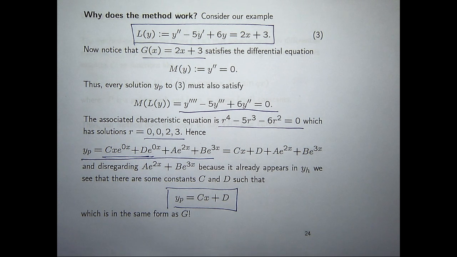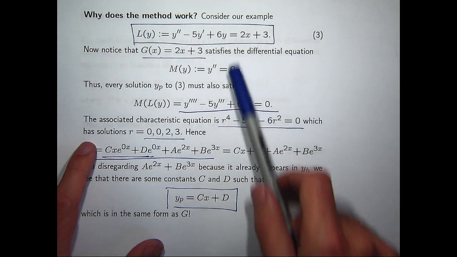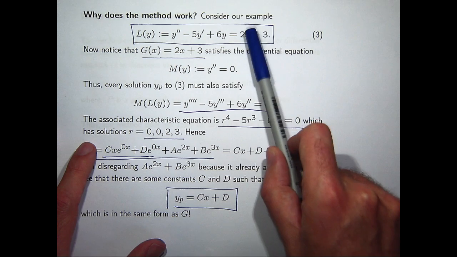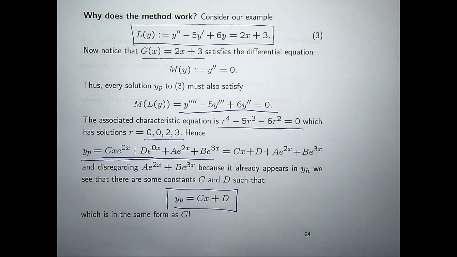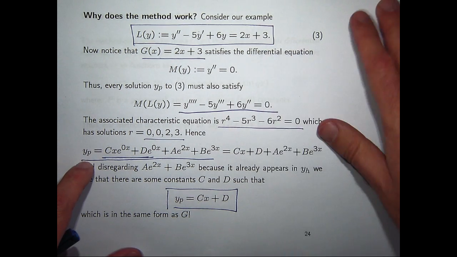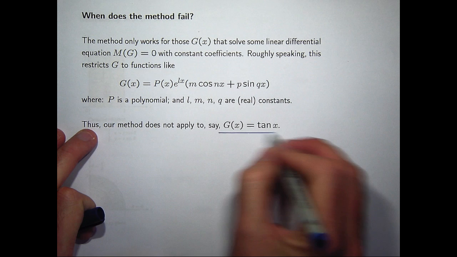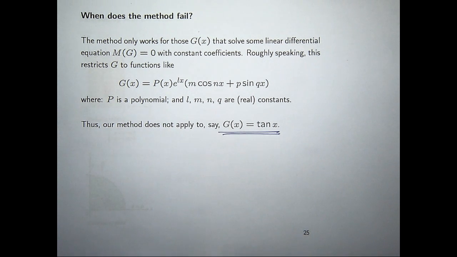So this is why the method of undetermined coefficients only works with certain kinds of functions on the right-hand side. You can't annihilate all functions through differentiation. Okay, think of tan x. How would you annihilate tan x through differentiation? You can't. You can't do it.